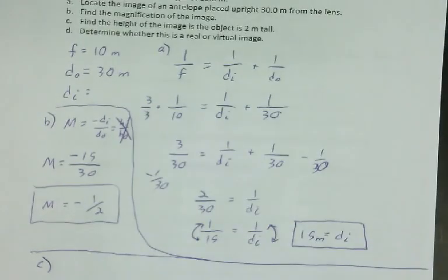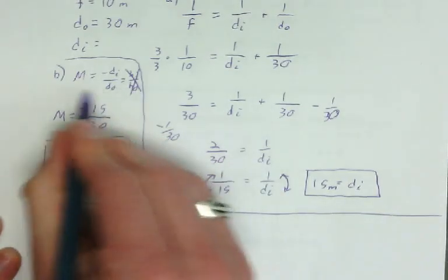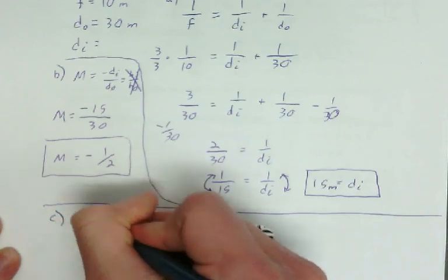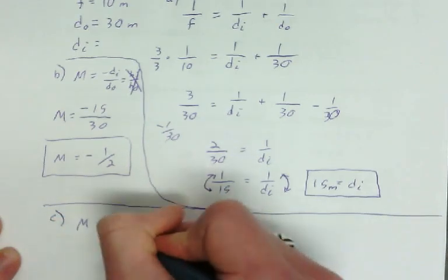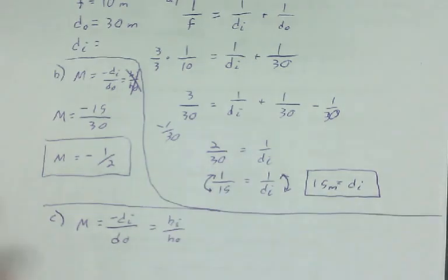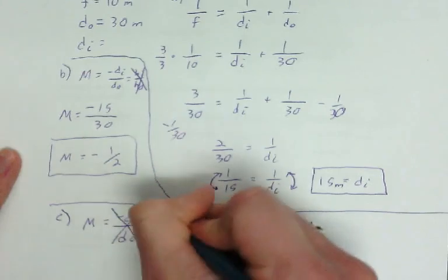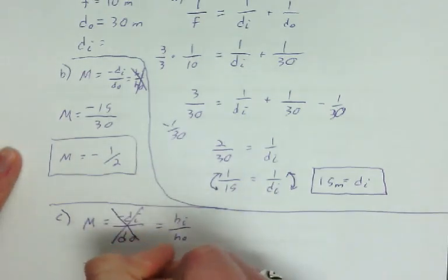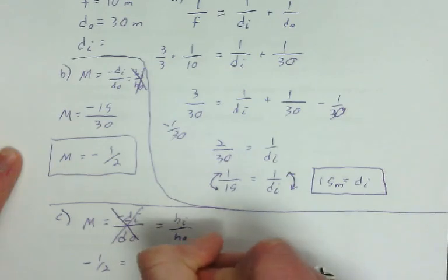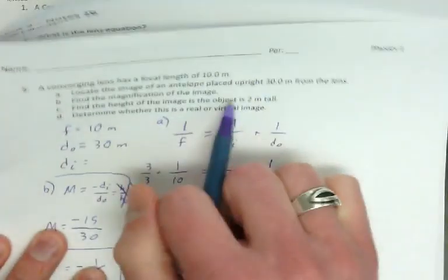C, find the height of the image if the object is 2 meters tall. Well, I told you that HI over HO could also be part. Now I don't need the DI-DO anymore because I just used that to solve what I needed. Okay, so the magnification is negative 1/2 equals HI, which I don't know, over HO, which is 2, because the object is 2 meters tall.